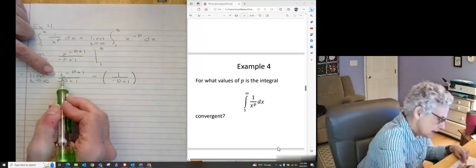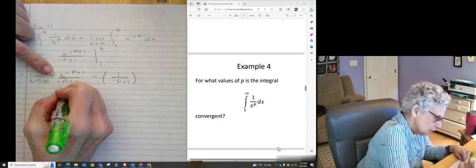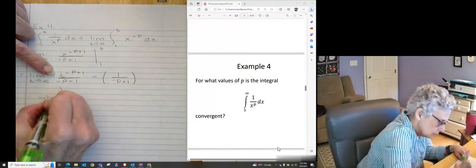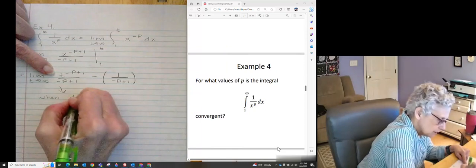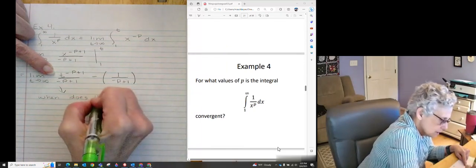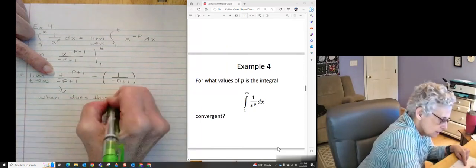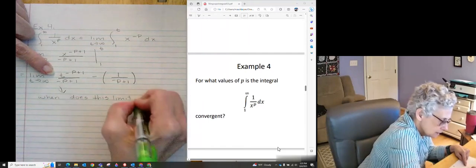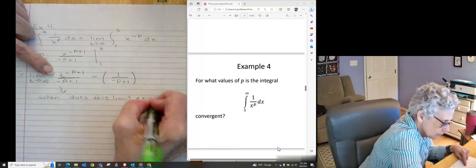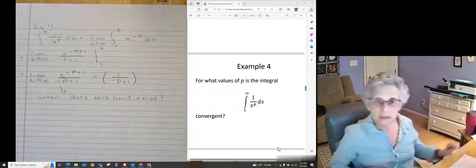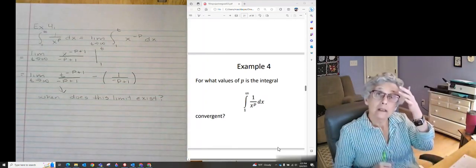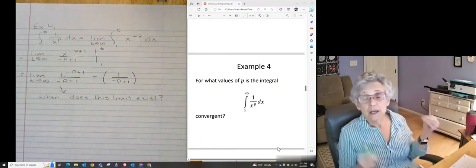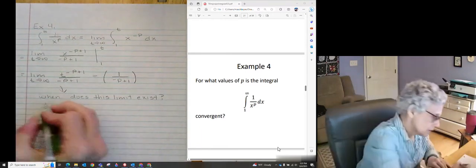Now, we need to ask ourselves, when does this limit exist? Well, it exists if it has a big enough bottom to go to 0.